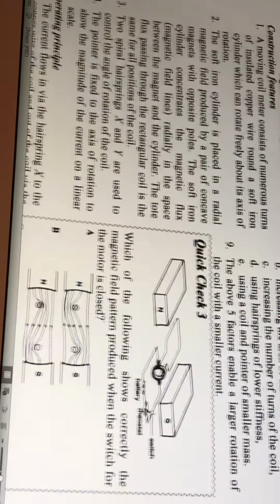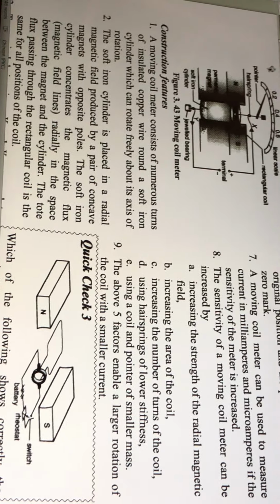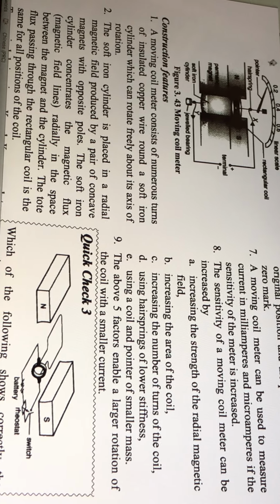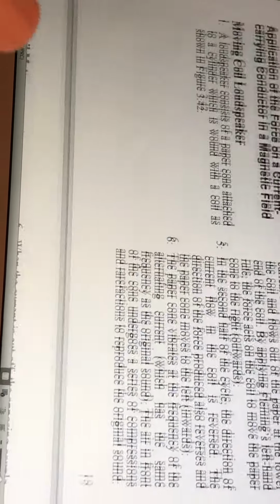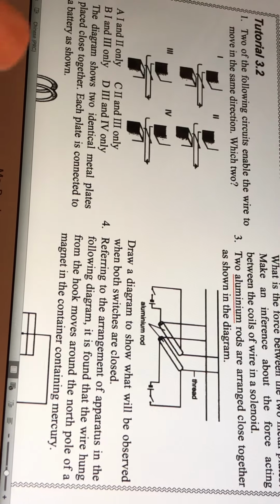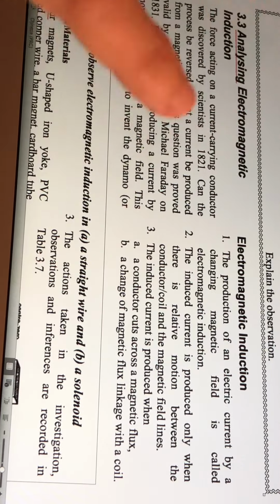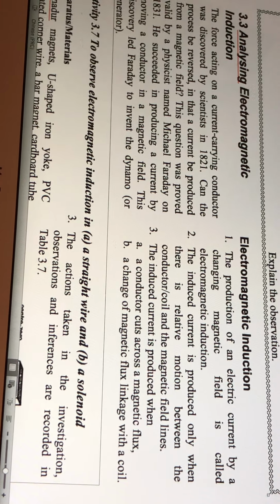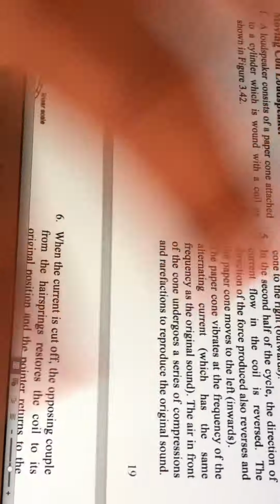And what are the factors affecting catapult force? Still the same as just now: the strength of the magnet, the current in the wire, and also the area covered. So that's all for catapult force.